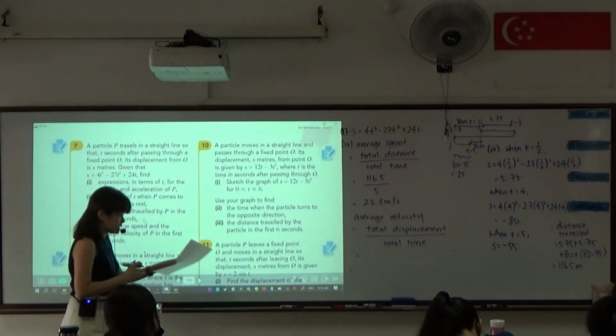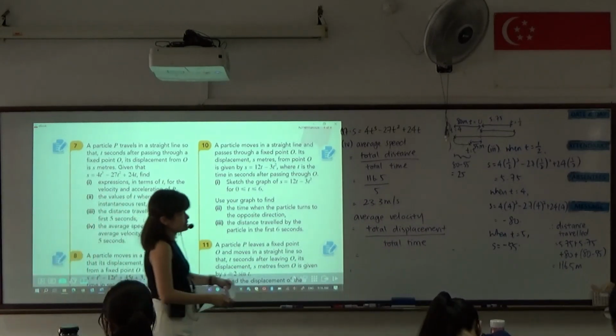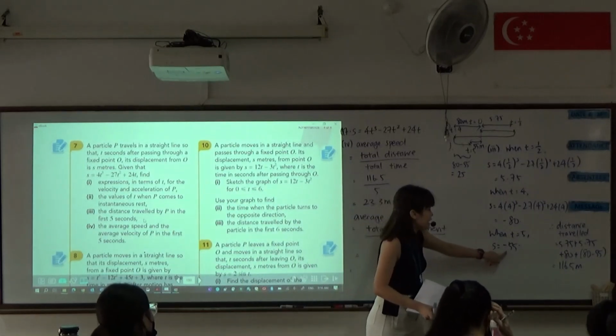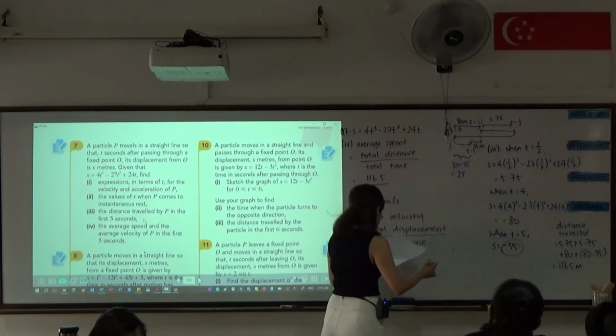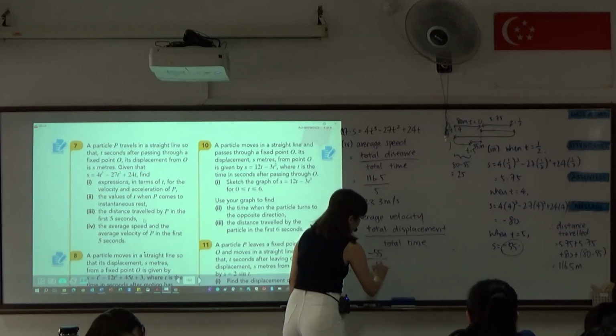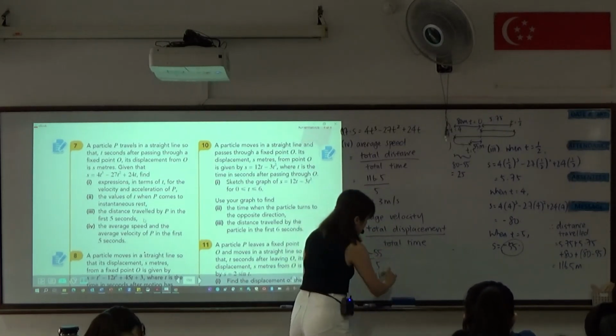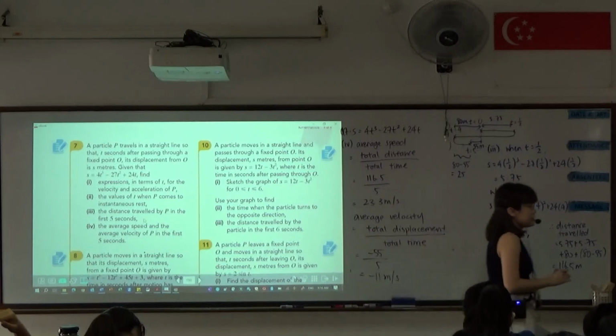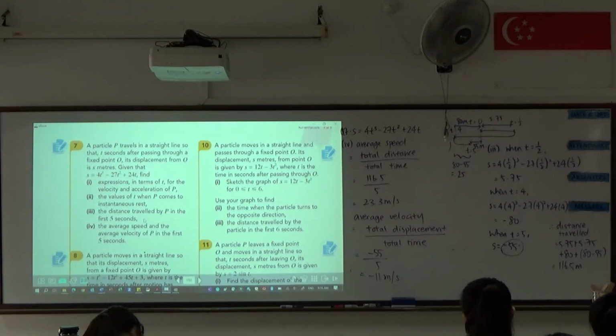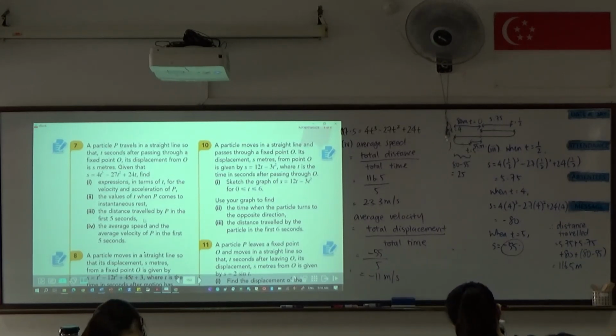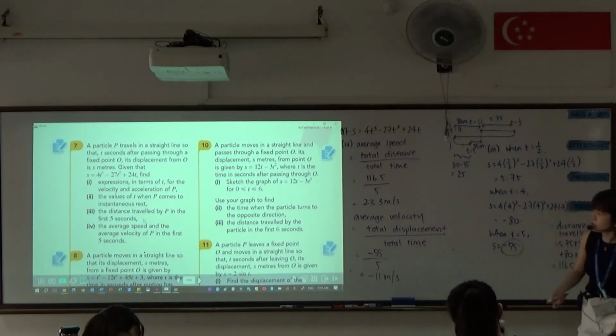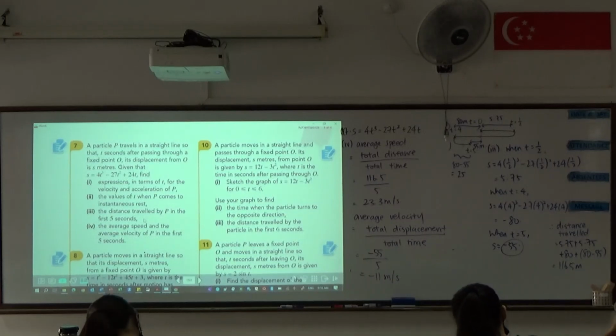The total displacement for the first 5 seconds will just be when t equals 5, which is negative 55, over 5, so negative 11 meters per second. Finding average velocity isn't quite meaningful, to be honest, because the value itself really doesn't express much information. I don't really know why the question asks to find average velocity, because that number is not meaningful.